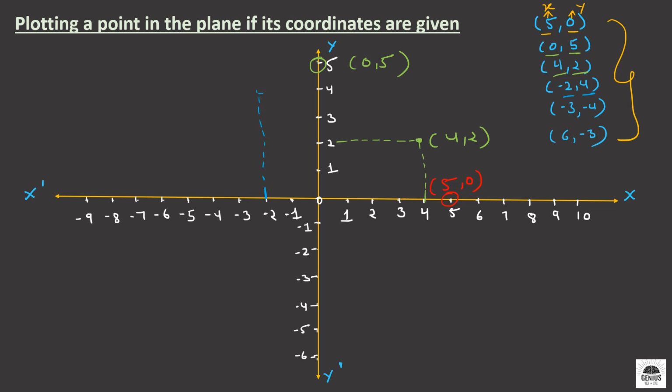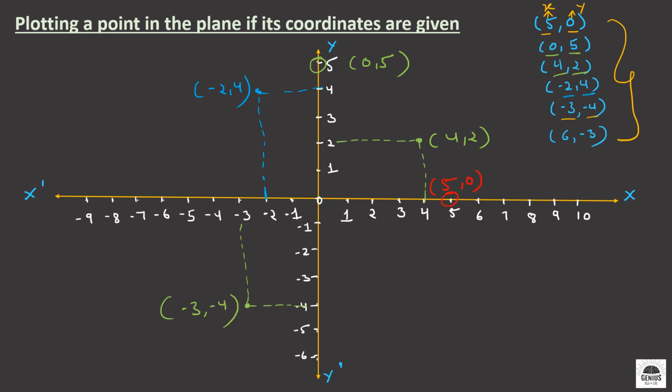So this point shows -2, 4. Now the next is -3, -4. Both are negative coordinates. So -3 is here and -4 is here. So this point will show -3, -4.